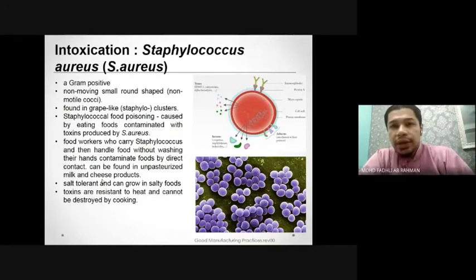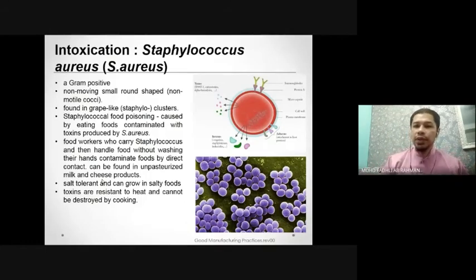And then since Staphylococcus aureus produces the toxin, the toxin is resistant to heat and cannot be destroyed by cooking. The bacteria itself can be destroyed, but when it releases the toxin, the toxin can resist heat. Okay.